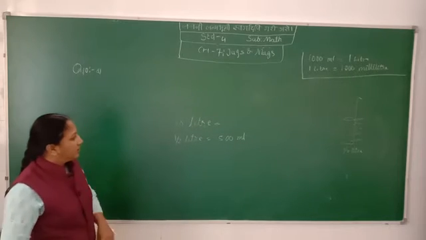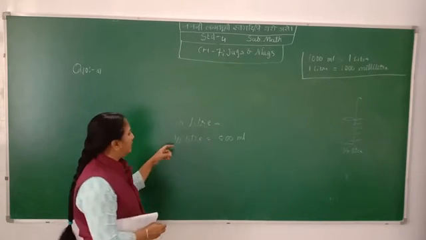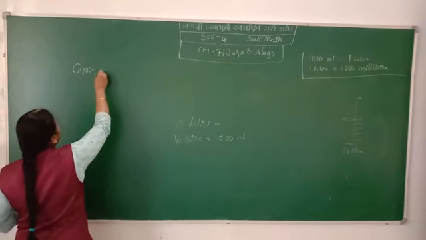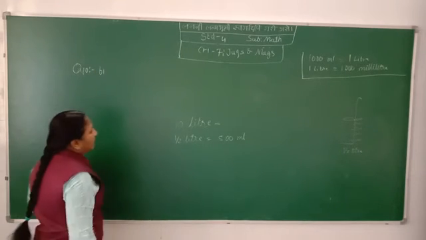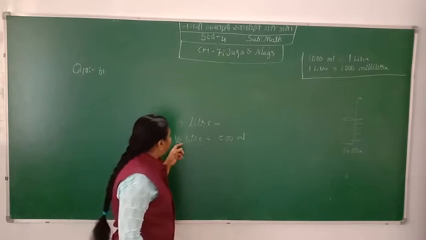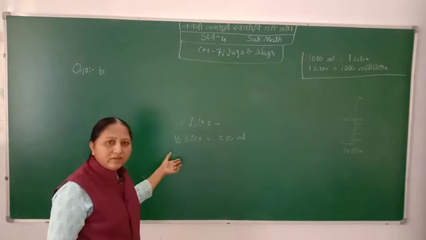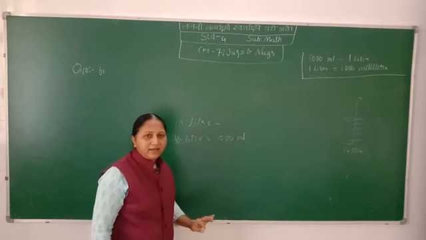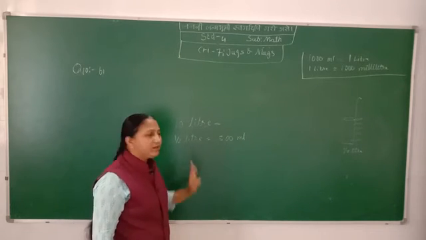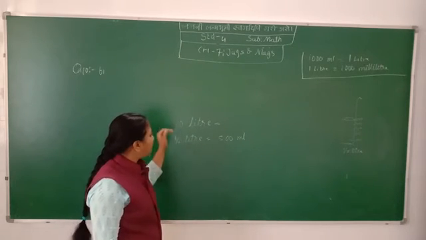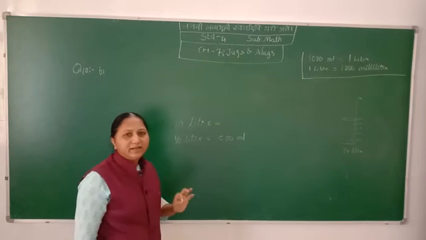So now here you can see again the sequence. Question number B. Again, half liter equals 500 ml. The capacity of the bottle is only 500 ml, and she has already made 10 liters of Rasna squash.